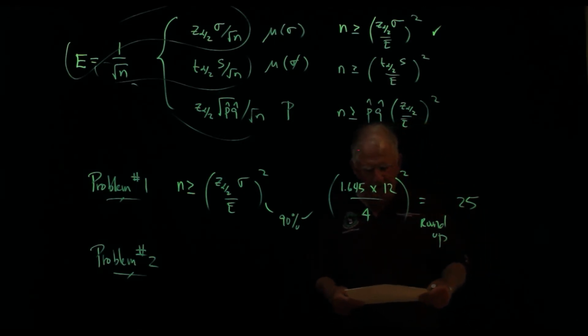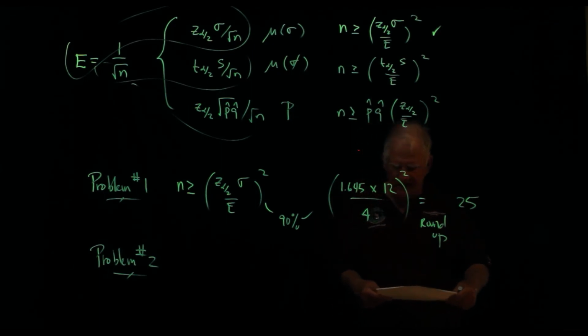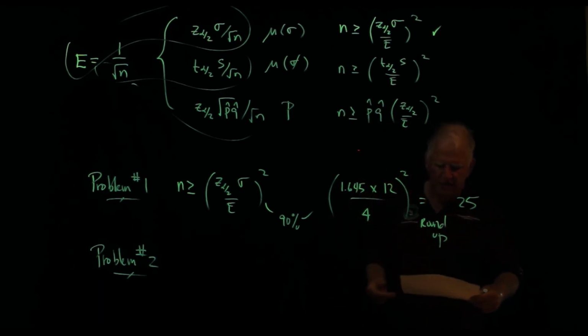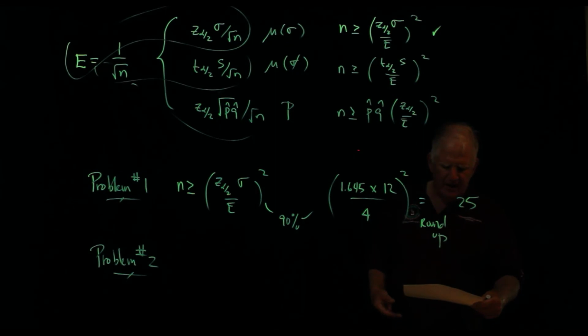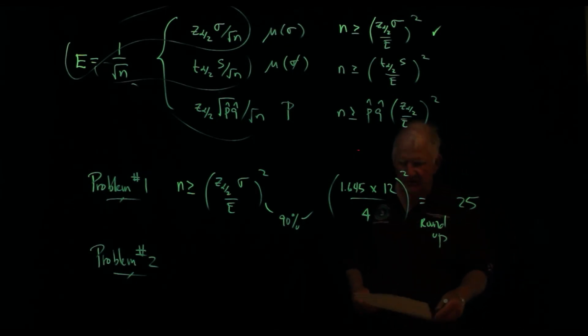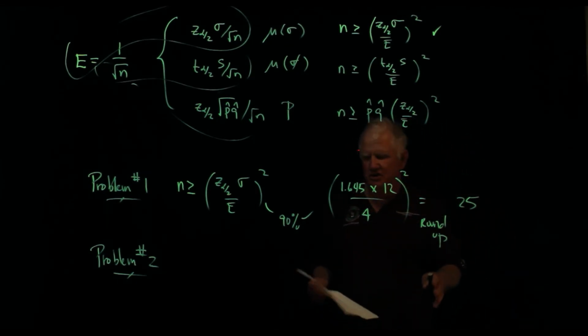Only 21 of them report having been drunk. To keep the margin of error at least 5% and for a 95% confidence, how many middle students do we need to survey? So a lot of populations going on here.